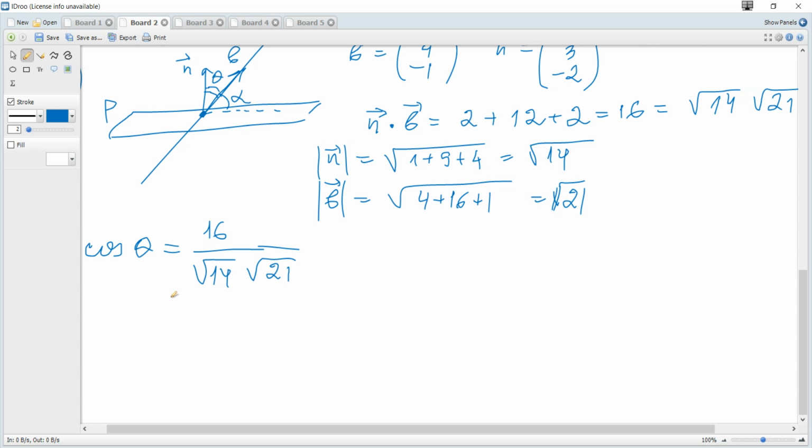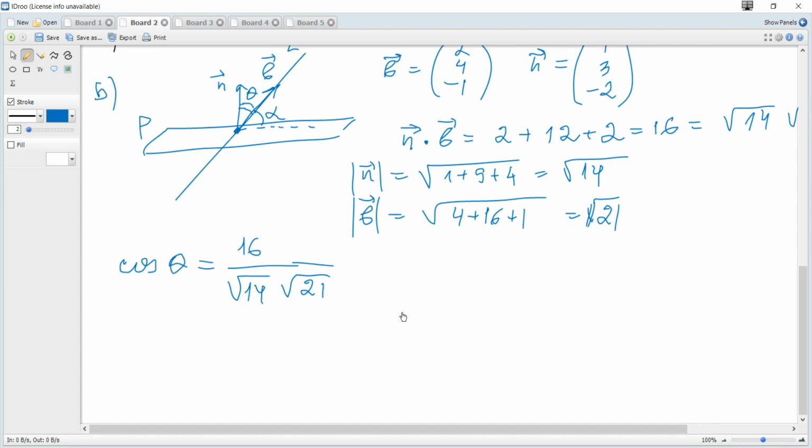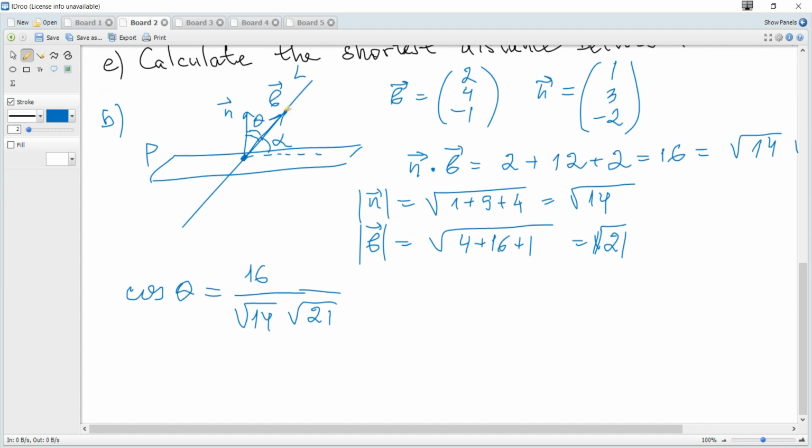If you get cosine to be negative, it means that the angle is greater than 90, then the acute angle is just 180 minus this obtuse angle. Because as direction we can take any multiple, and also we can take the opposite direction, so two possible angles between two vectors, and also n may be taken in this direction or something like that.